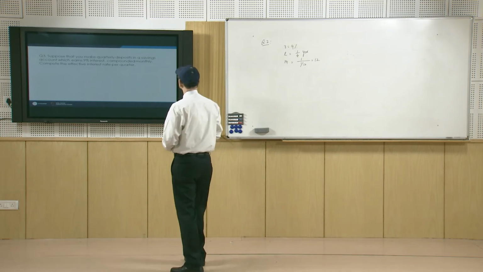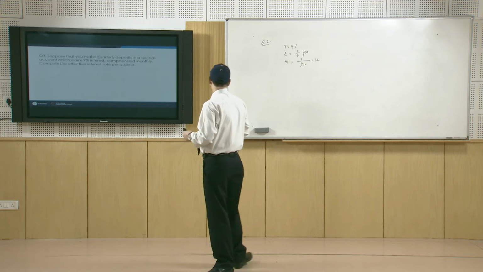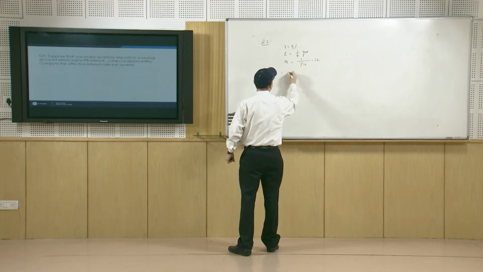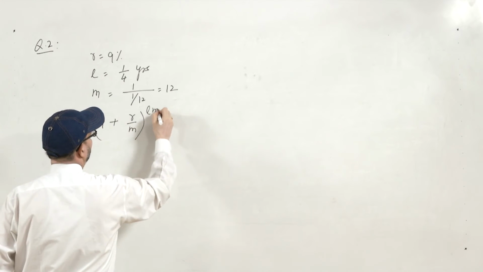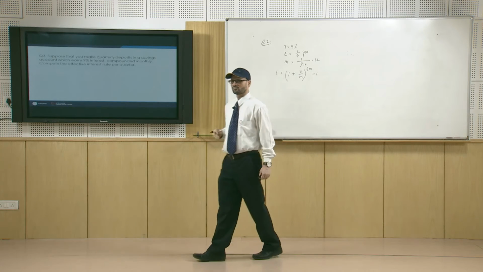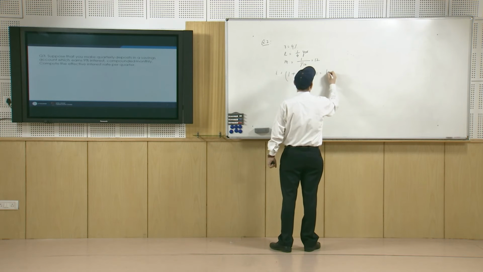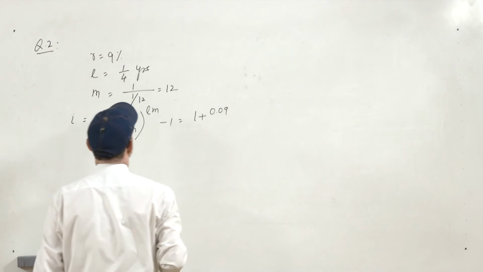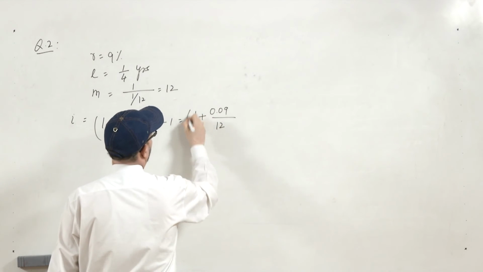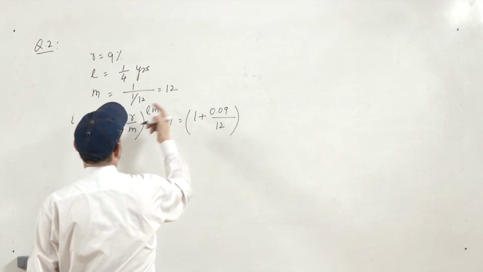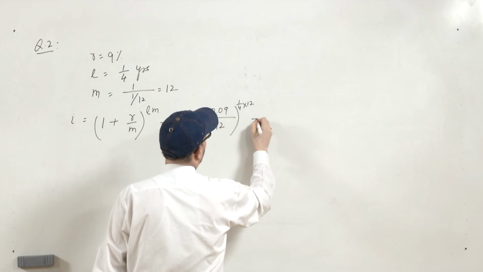So, once you get that, you can use the formula of effective interest rate calculation. The effective interest rate will be (1 plus R by M) raised to the power L into M, minus 1, and that will be nothing but (1 plus 0.09 divided by 12) raised to the power L into M, that is 1 by 4 into 12, that is 3, minus 1.